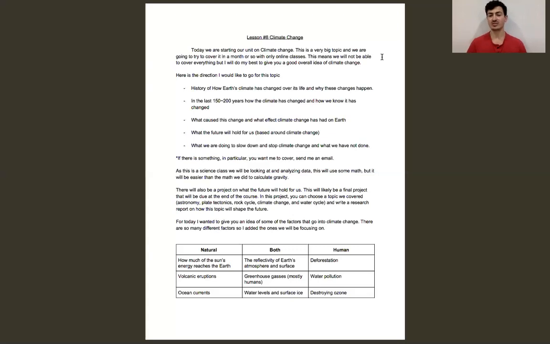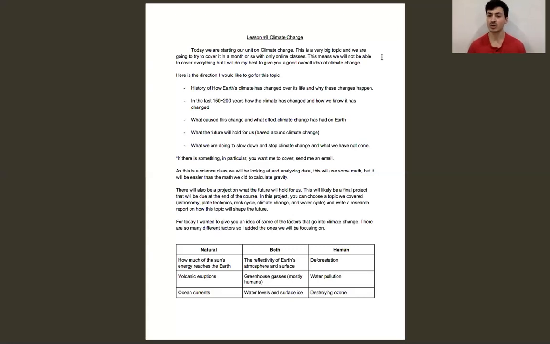So based on these 5 topics that we've covered or are covering, on the final project I want you to choose one of those topics and write a research report on how we can use the research we're doing on that topic to shape the future. If we're looking at climate change, you can look at what we are doing now and what we're going to be doing in the future to stop climate change, or you can look at how climate change is going to affect our future.